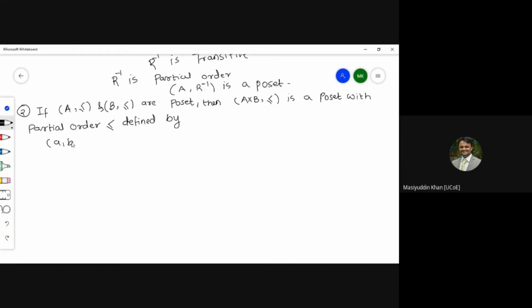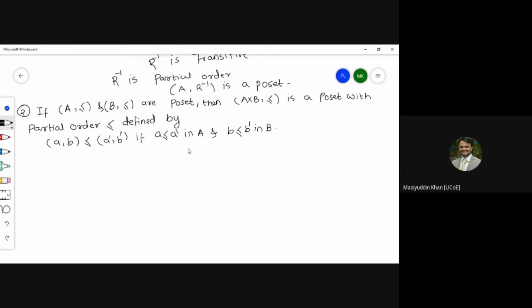A comma B is less than or equal to A dash comma B dash if A is less than or equal to A dash in A and B is less than or equal to B dash in B. So these are the conditions given.